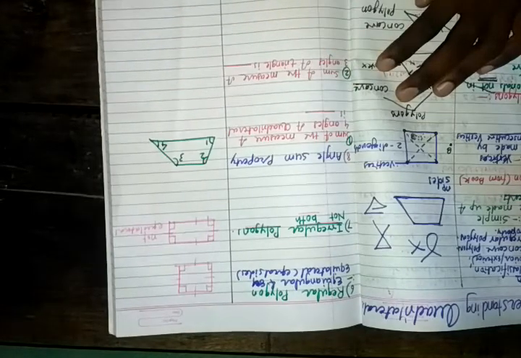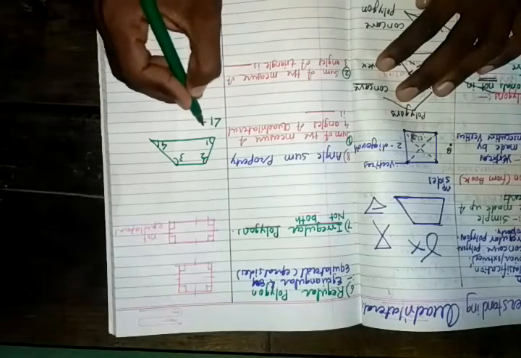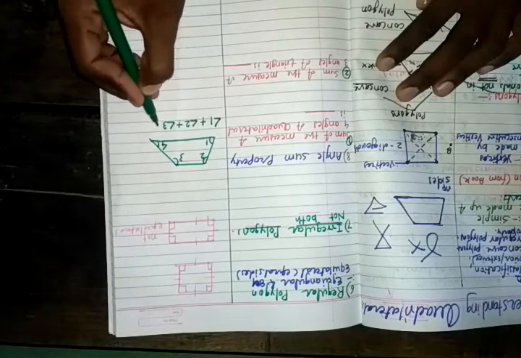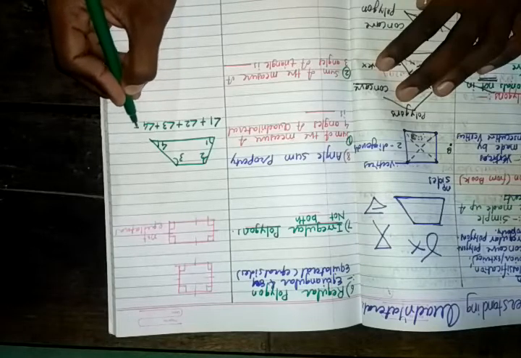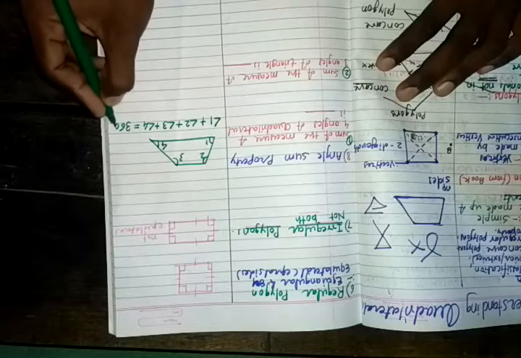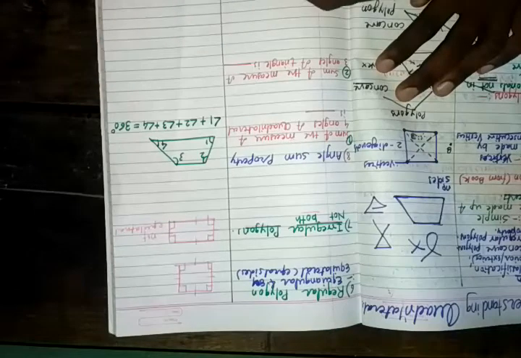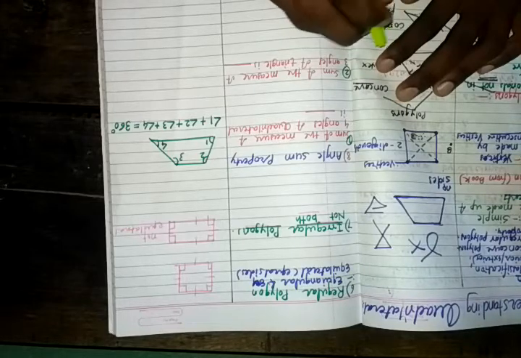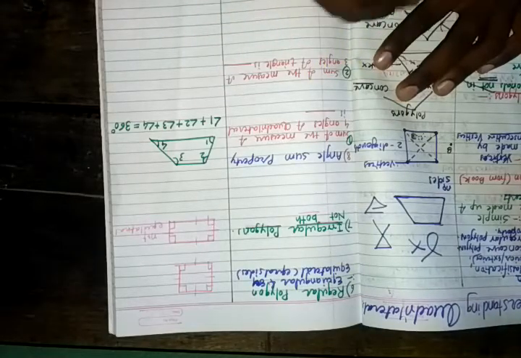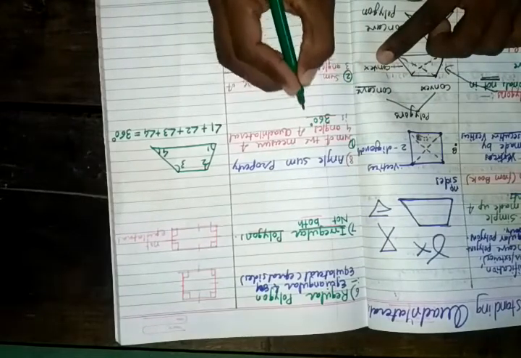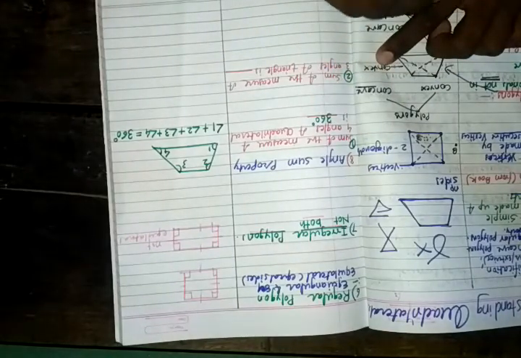So according to the angle sum property, the sum of all four angles is 360 degrees. If it is a quadrilateral, then the sum of all the angles will be 360 degrees.